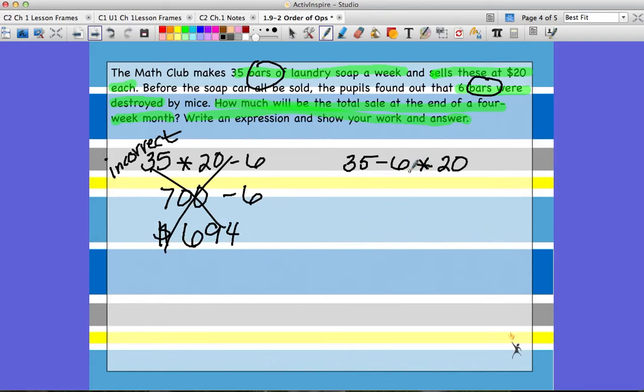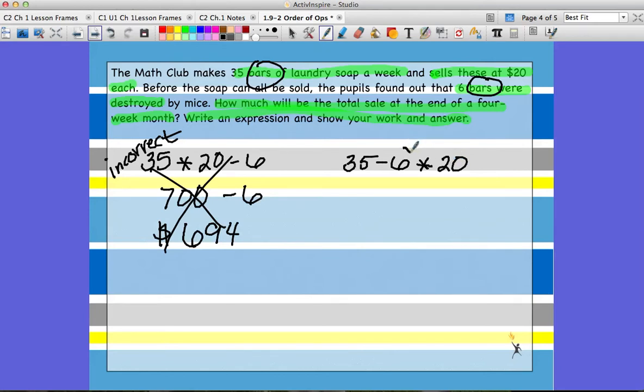According to the order of operations, we would have to multiply 6 times 20 first. We don't want to do that because we're not taking the 6 bars that we lost and subtracting that money. We have to subtract the number of bars that we made by the number of bars that we lost, and we have to do that first before we can find our profit.